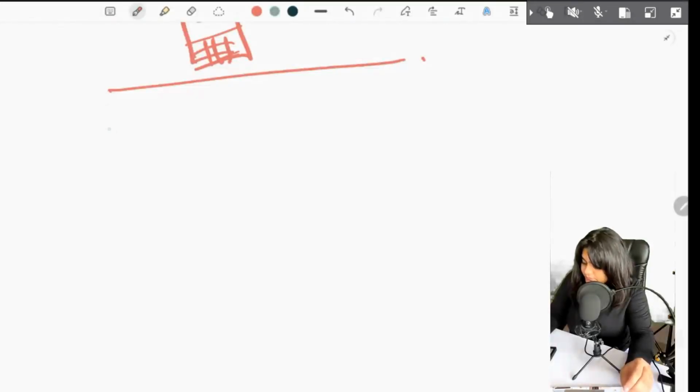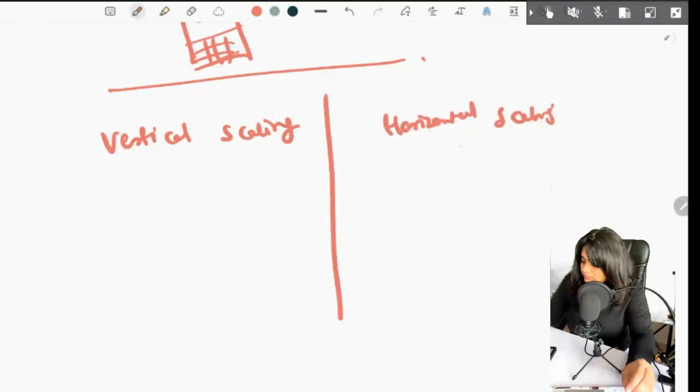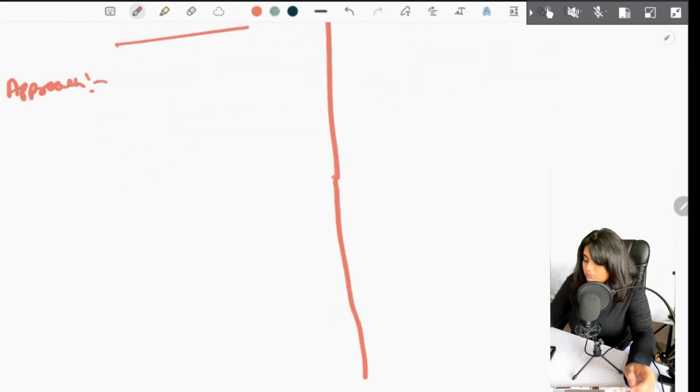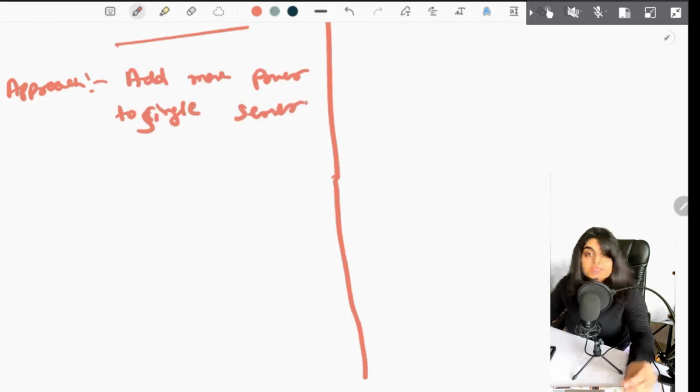So let me write vertical scaling and second is horizontal scaling. First is the approach. In vertical scaling, we are just adding more power to our single server, and in horizontal, we are adding more servers to distribute the load.